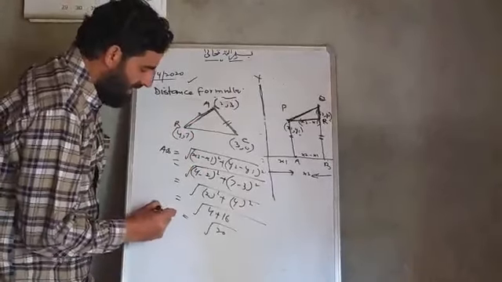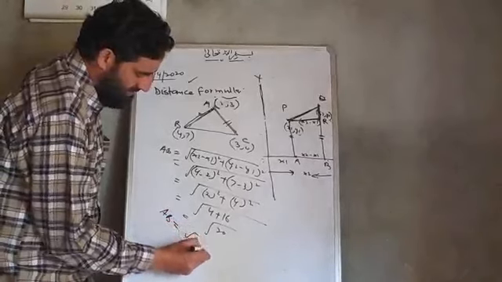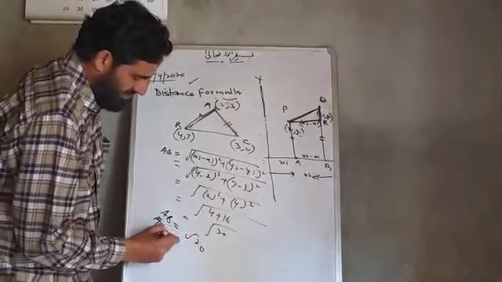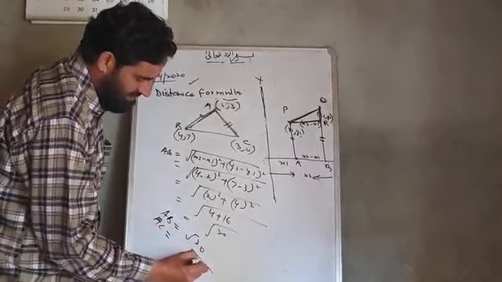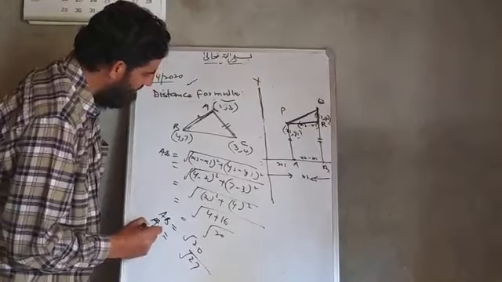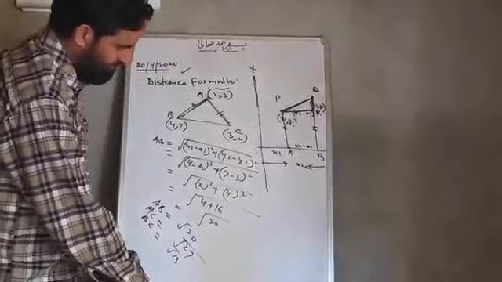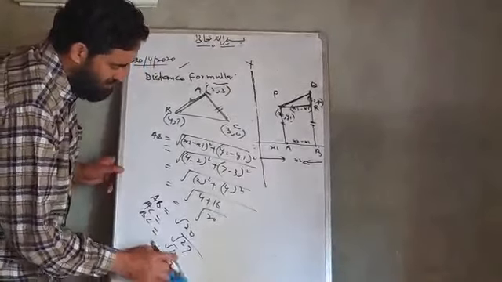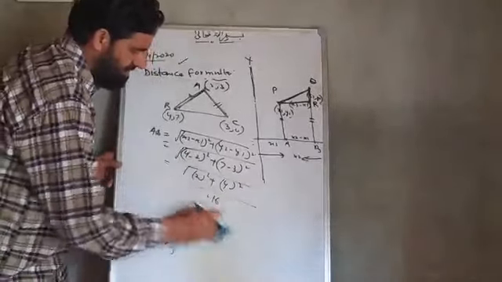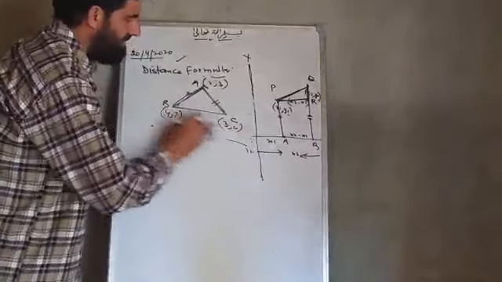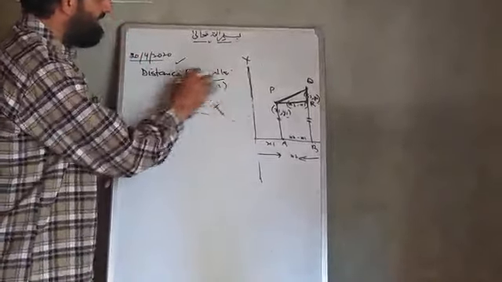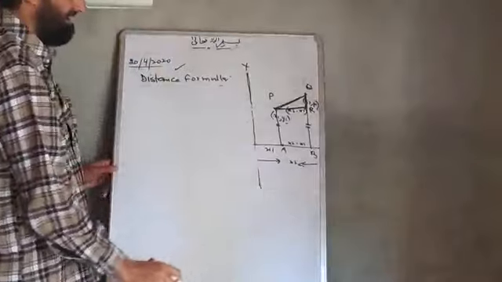And if AB is equal to, suppose, under root 20, AC comes equal to something else, suppose 27, and BC under root 13, then obviously all sides are not equal. When all sides of a triangle are not equal, the triangle is called a scalene triangle.